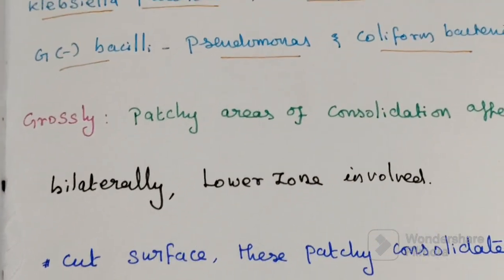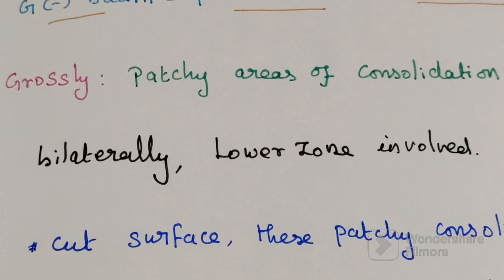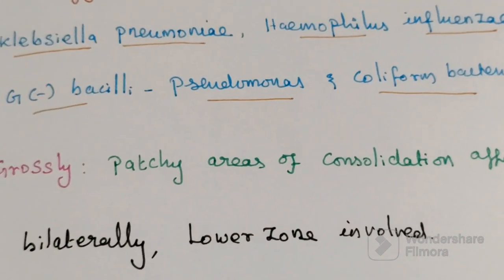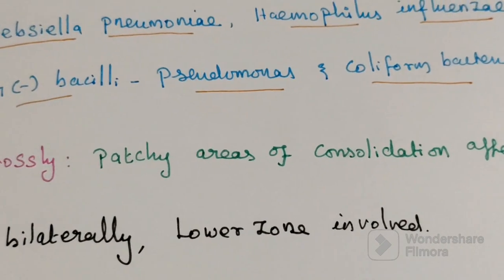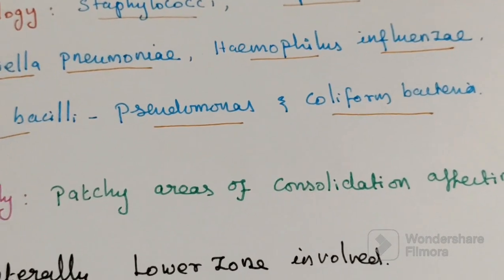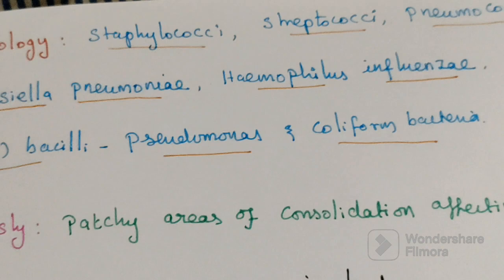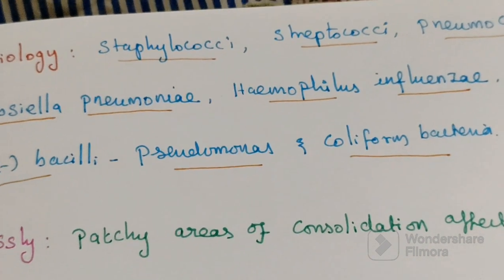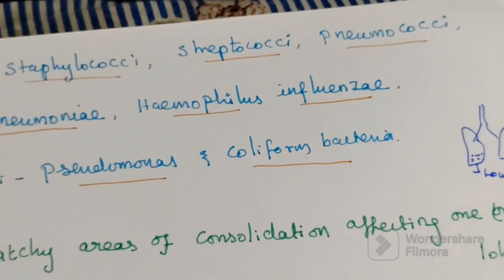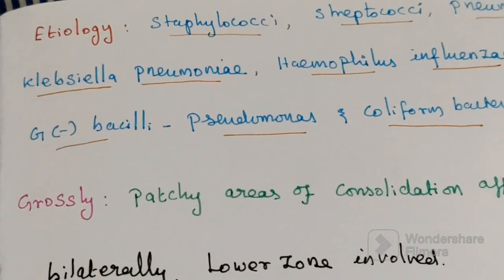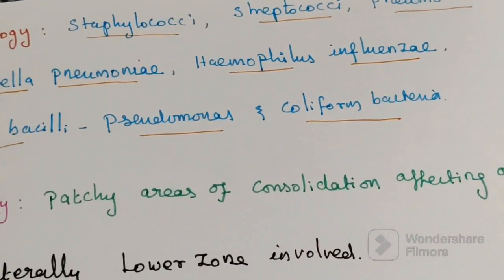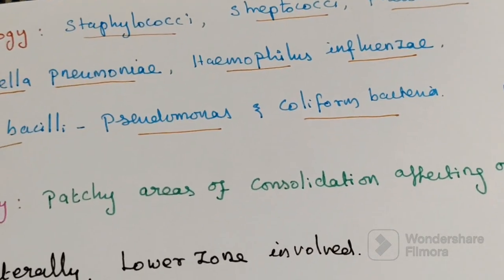Then etiology: the same organisms, but in lobar pneumonia the most predominant one is pneumococci. Here it is mixed organisms. All are common: Staphylococcus, Streptococcus, Pneumococci, Klebsiella pneumoniae, Haemophilus influenzae, gram-negative bacilli like Pseudomonas and coliforms.